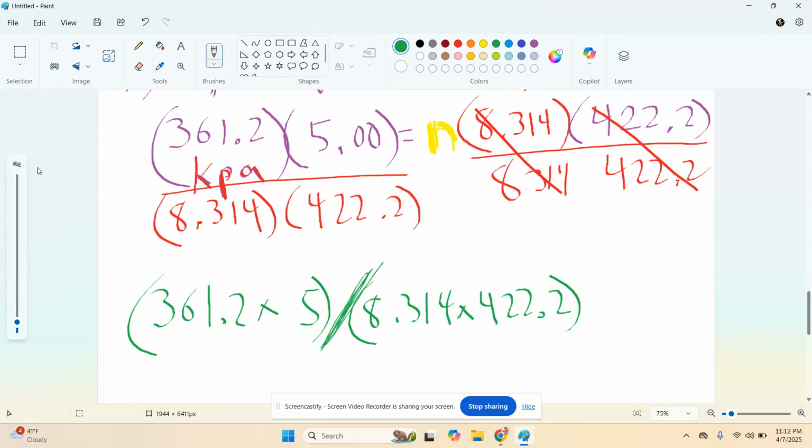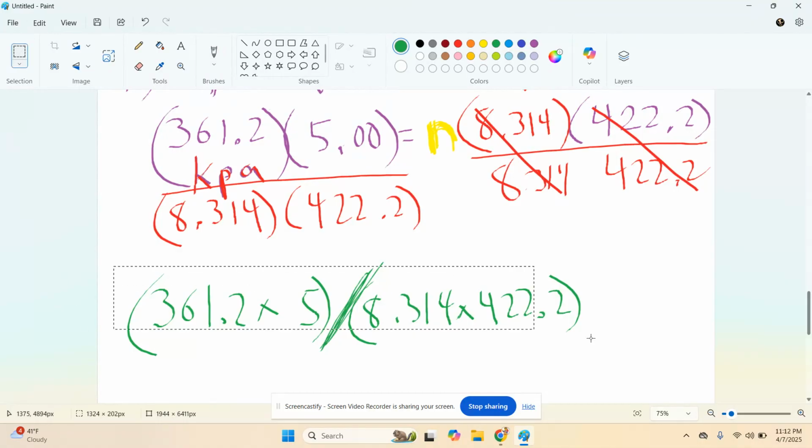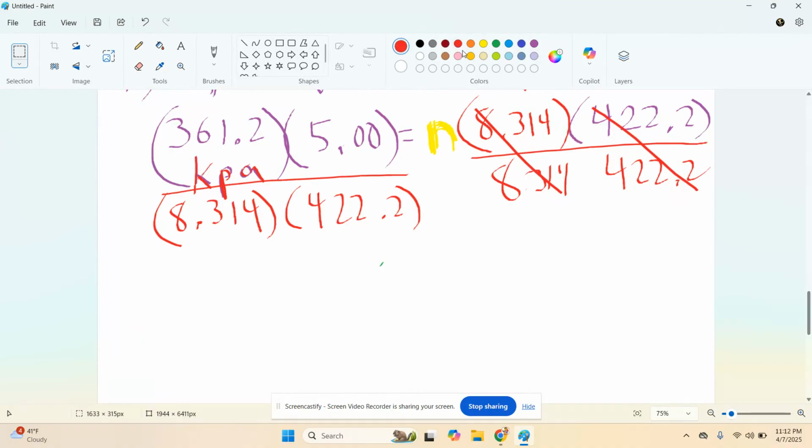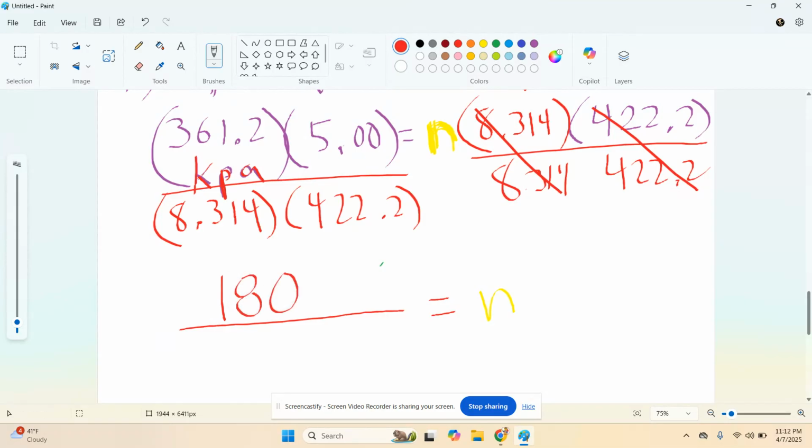So I'm going to actually do that. I'm going to take my time on this problem. We're solving for number of moles. The top of this is 361.2 times 5, which is 1,806.